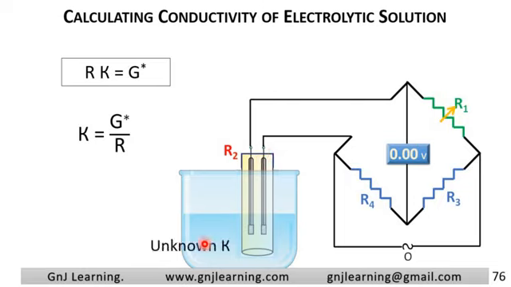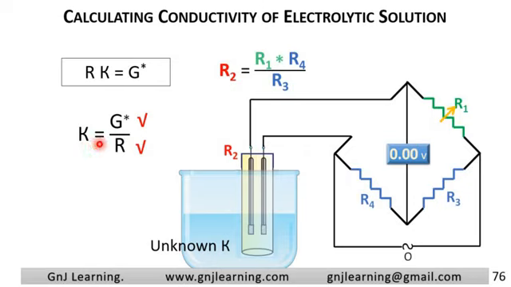So I have an unknown solution, a solution with unknown kappa value. Now using the Wheatstone Bridge I am finding out the resistance. From the previous one I have G star, and from the Wheatstone Bridge I have the value for resistance, so then I can find out the value of kappa, conductivity.